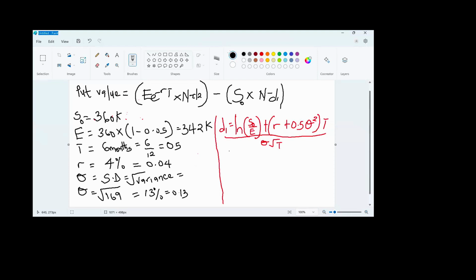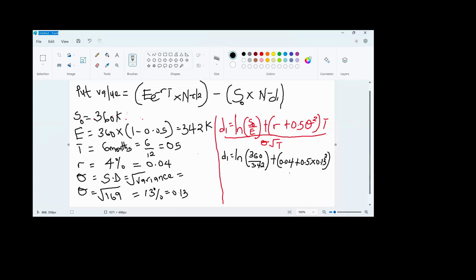My D1 is equal to ln. ln is on your calculator. Open a bracket. Your XO, 360, divided by 342. Close this bracket. Plus, open another bracket. Your small letter R, 0.04, plus 0.5 multiplied by volatility 0.13 raised to power 2.